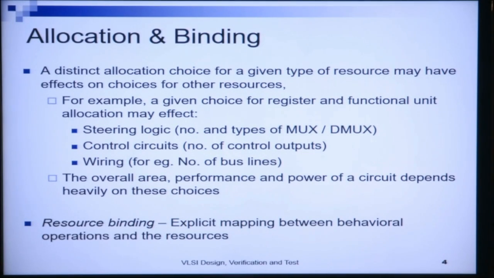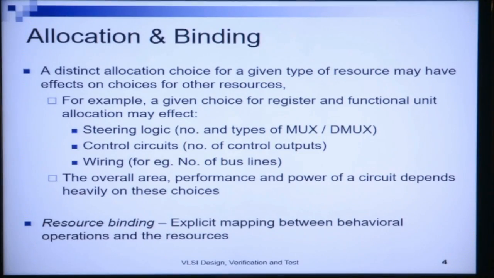Now, a distinct allocation choice for a given type of resource may have effects on choices of other resources. Let us say, for example, I have chosen a certain number of registers for allocating the variables in my schedule, the temporary registers in my schedule, and I have also decided on the number and types of functional units that I will use to implement the operations in my schedule.